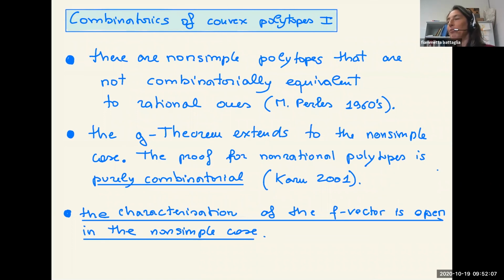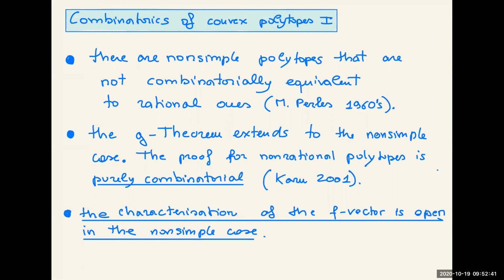In the simple case, we know that a vector is an F vector of a polytope if and only if certain conditions are satisfied. We don't have the same kind of result for the non-simple case, and not even a conjecture. Well, I know it's an open problem. I cannot say there's not even a reasonable conjecture.